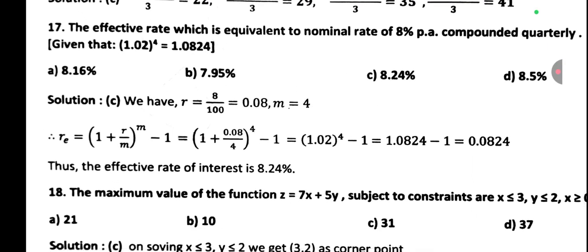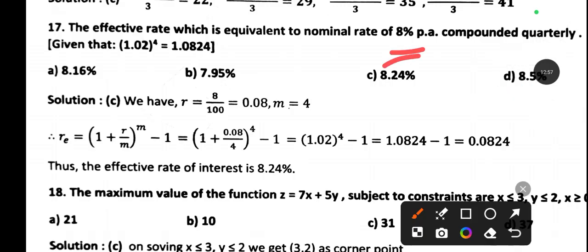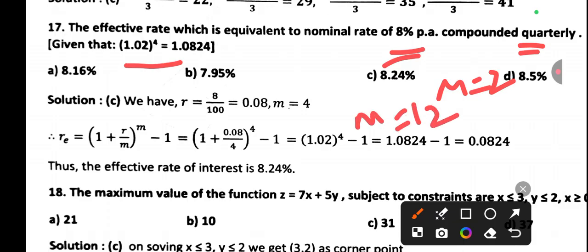I think this question, effective rate of interest, was also repeated with a different number. But the good news is they themselves gave the 1.02 whole power 4 value. So apply. Children, since it's quarterly, m is 4, ma. Suppose semi-annually or half-yearly is given, m is 2. Suppose monthly is given, m is 12. Yearly given, m is 1. That is different.